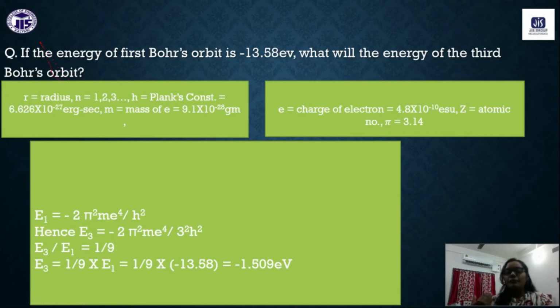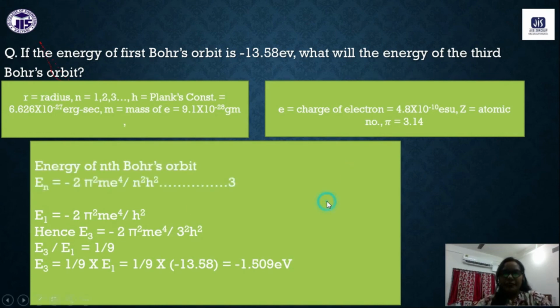Okay, so if you have this type of question, you can solve it, because first of all you should remember the energy equation. After that, for the hydrogen first orbit, what is the equation? That is E1. After getting E1, you can also solve the problem of E3, the energy of the third orbit.